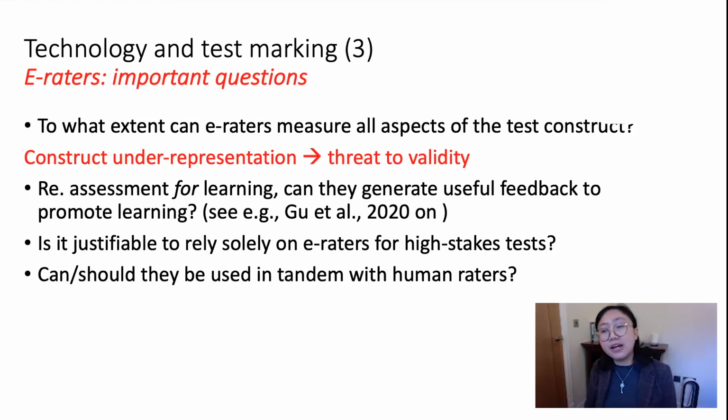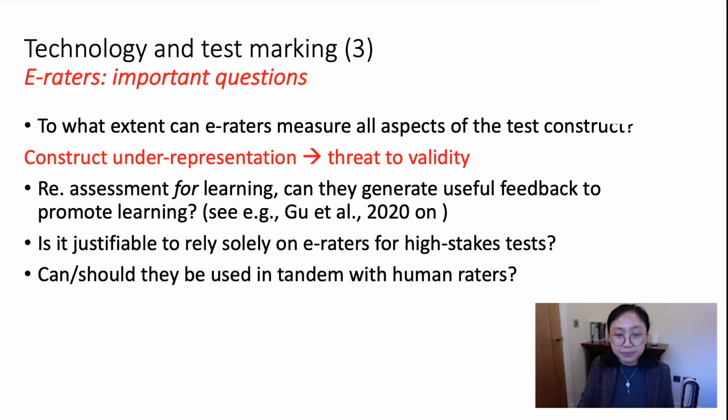Okay, the next question. Is it justifiable for us then to rely only on E-raters, especially in high-stakes tests, knowing that they do have some weaknesses? And perhaps, can or should they be used in tandem with human raters?